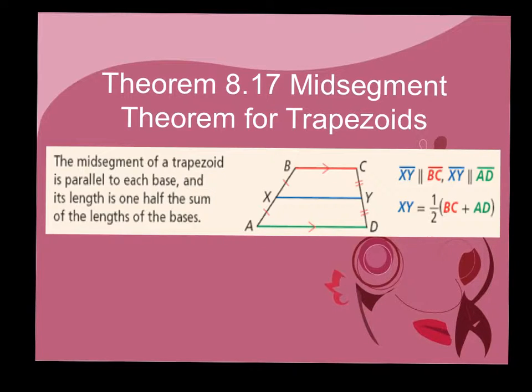With a trapezoid, it's 1/2 the length of the sum of the bases. So 1/2 base 1 plus base 2. So XY in this case is my midsegment. It's parallel to both BC and AD, and it's equal to 1/2 the length of BC plus AD.